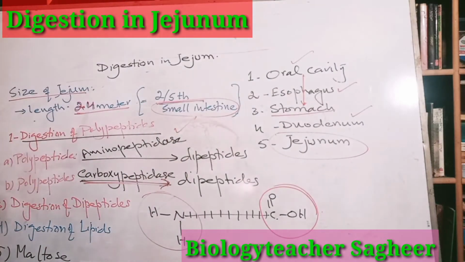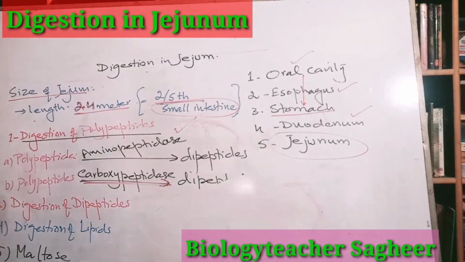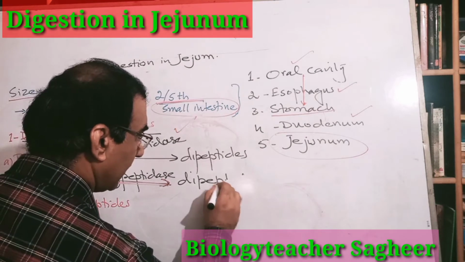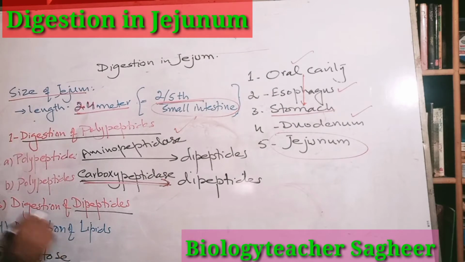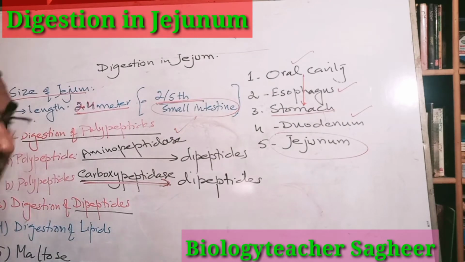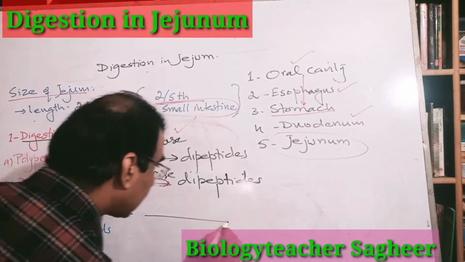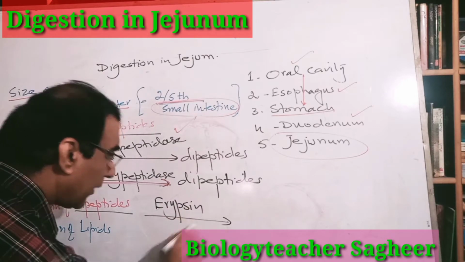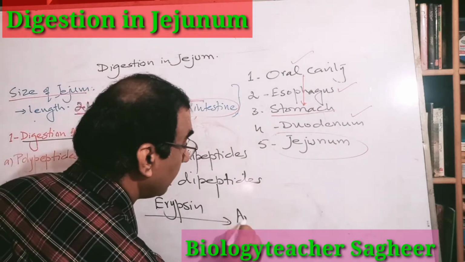Now let us come to the next reaction. When the dipeptides are formed, as I have written here, these dipeptides are acted upon by erepsin. So here is the next reaction carried out by erepsin, and amino acids are formed.